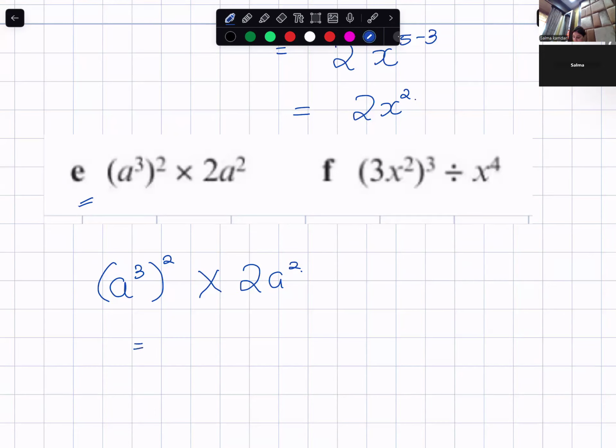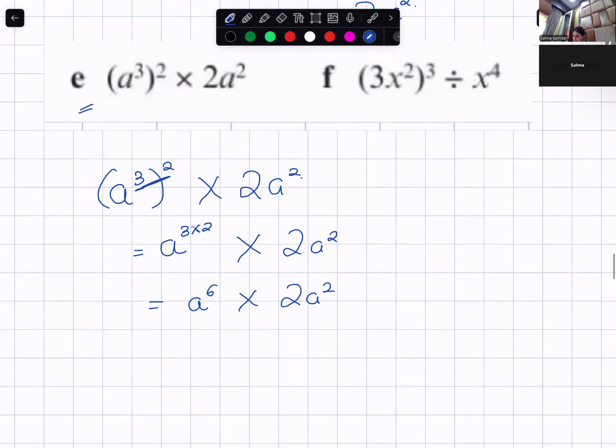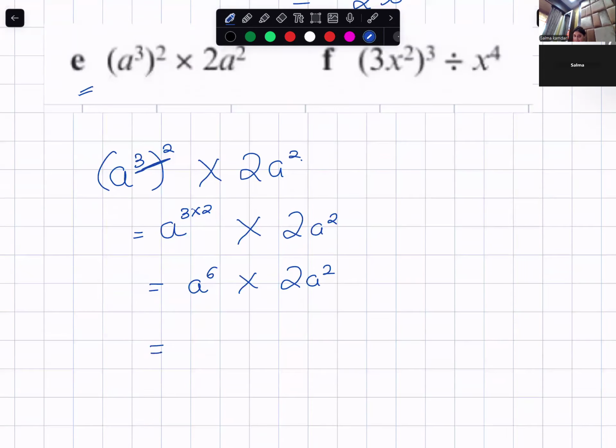So this becomes a to the 3 into 2 multiplied by 2a squared. So this becomes a raised to 6 multiplied by 2a squared. Now I'll split the numbers and I will split the letters, variables.